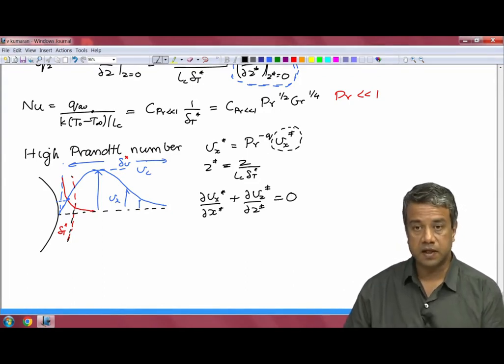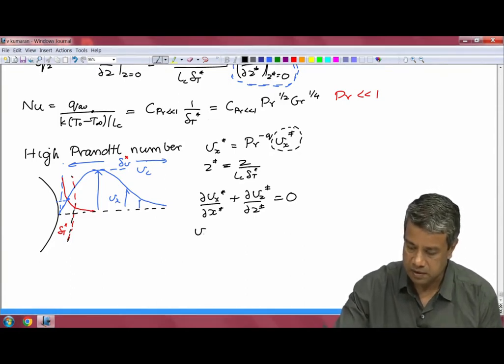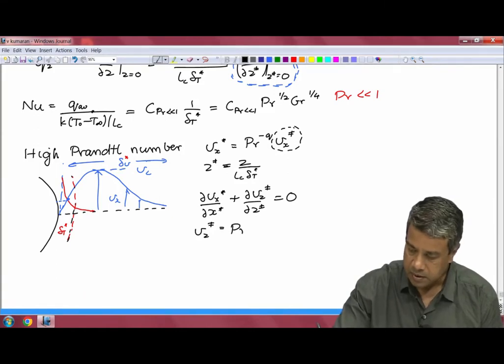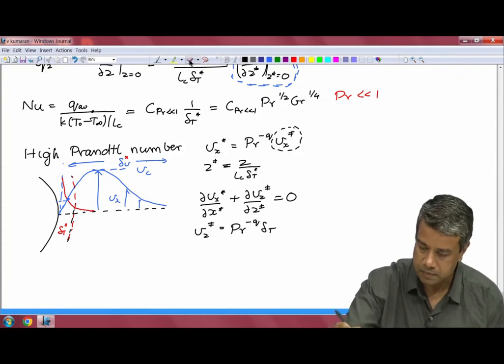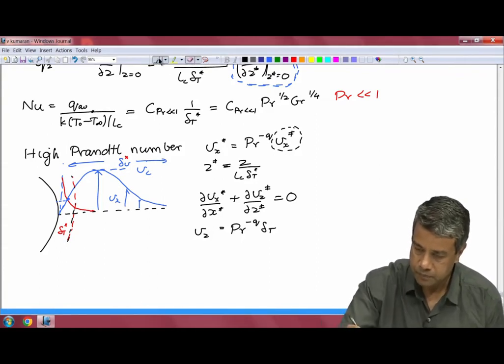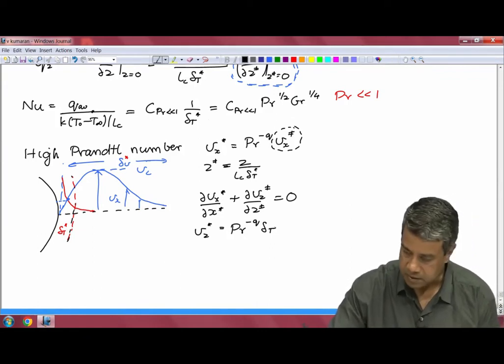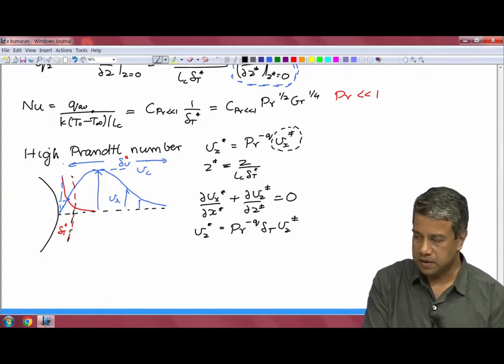And since Vx star goes as Pr power minus q, we require the scaling for Vz to be Pr power minus q times delta t times Vz double dagger. So, that is the scaling for the z velocity.